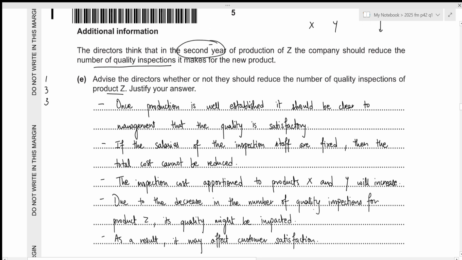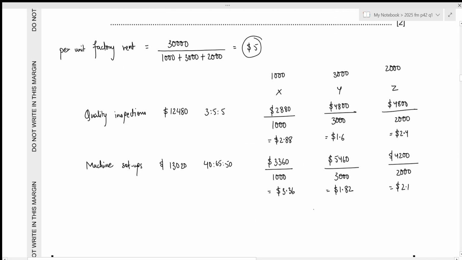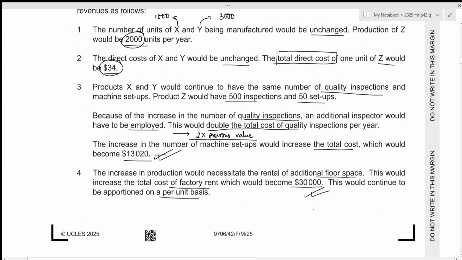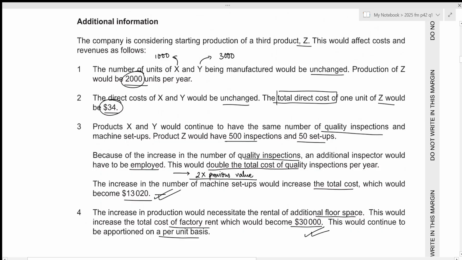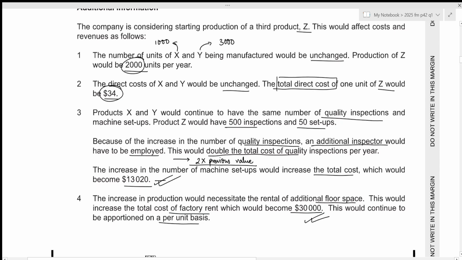Now, let us consider the additional information as well. I think due to the introduction of product Z, an additional inspector would have to be employed. So we have another member of staff who has been employed. In this case, since an additional inspector is employed, but we still need a lower number of inspections, what we can do is we might reduce the hours worked by each of the inspectors. Let's write that down.